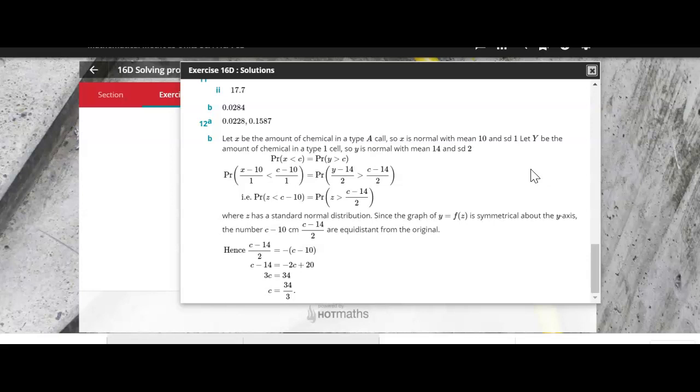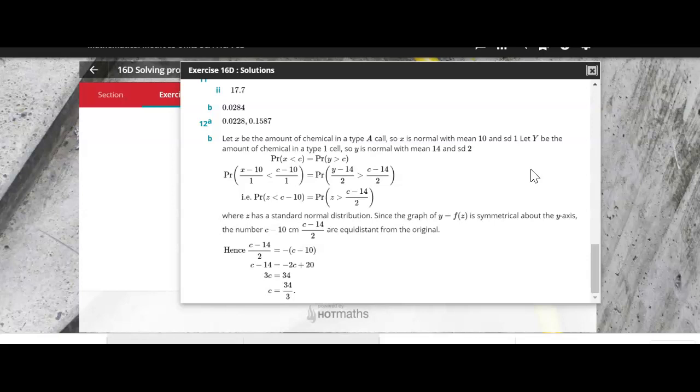So when we're looking at our probabilities, the probability that X is less than c is equal to the probability that Y is greater than c. Now, because X and Y have different means and standard deviations, you can't just assume that they're symmetrical. So what we do, and you can see this on the second line, is we've introduced the standard normal distribution, or the z-score.